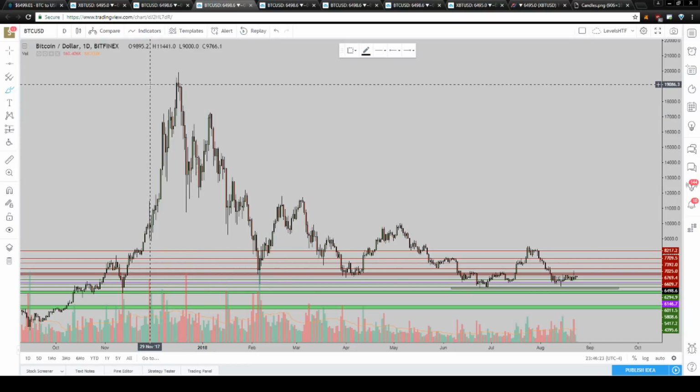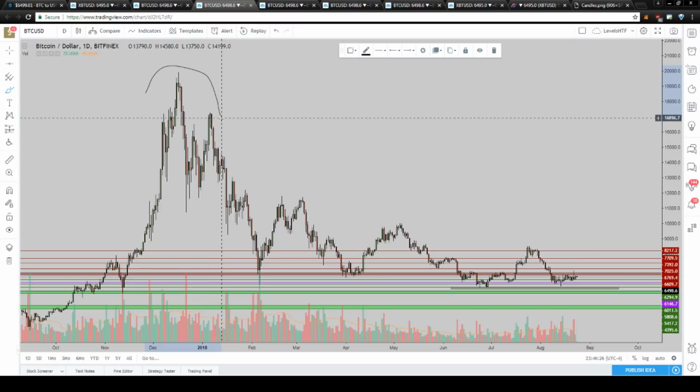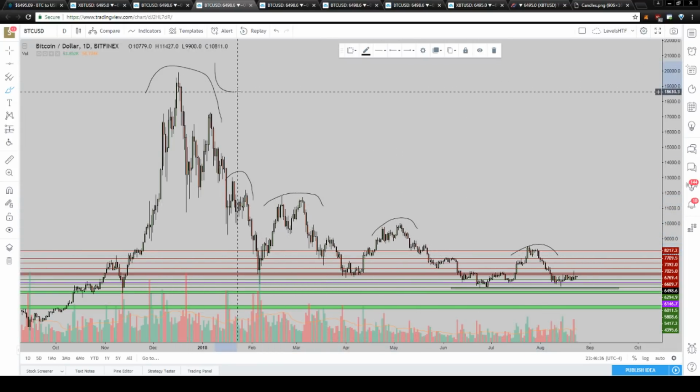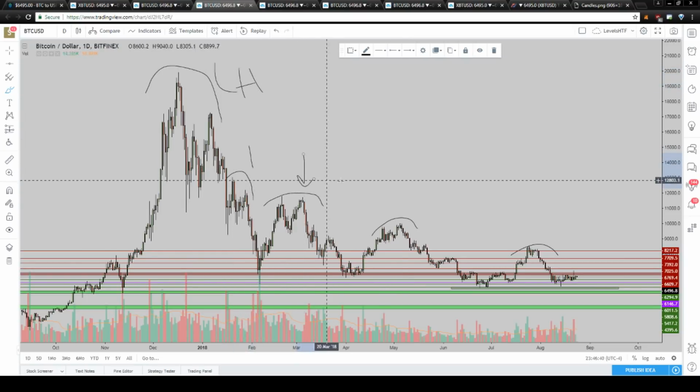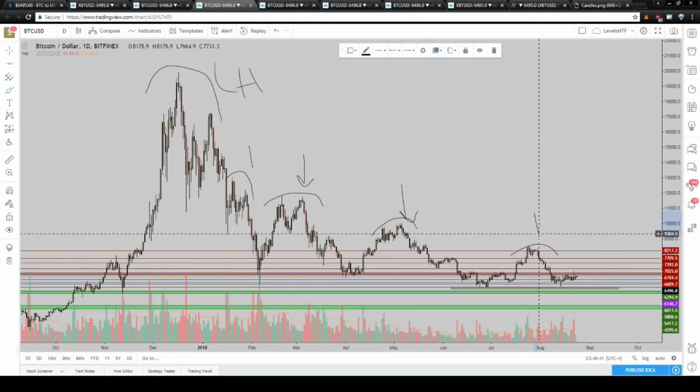Point being is, you have to be bearish, in my opinion, until the bear market ends. It's really that simple. All we do is make lower highs. So we make a lower high, we make a lower high, we make a lower high. So will we continue to make a lower high here?